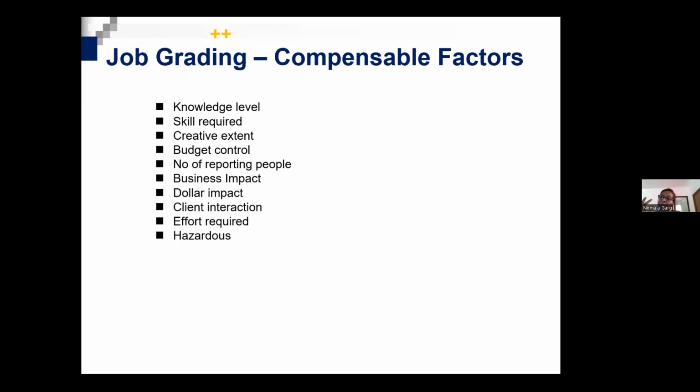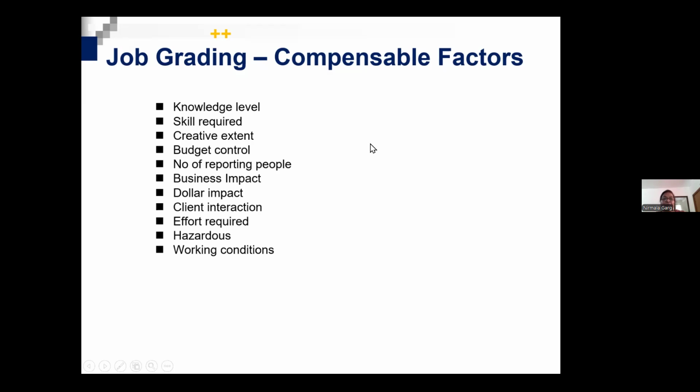Let's say an IT architect may require higher skills, but a software engineer who's just doing coding may require fewer skills. Got it? Budget control. Maybe at a top job, he has a higher budget control. At a lower level, he has a lesser budget control. In that sense, you have to be very clear about it.